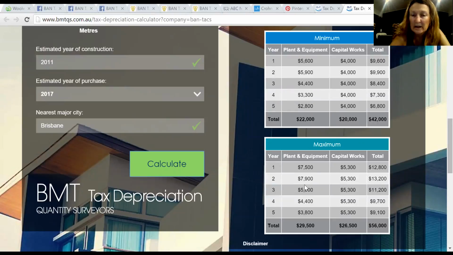So we might say 5,000 for plant and equipment, and say 4,700 for capital works. So I've got to stop share, go back into share screen, and go back to our calculator.